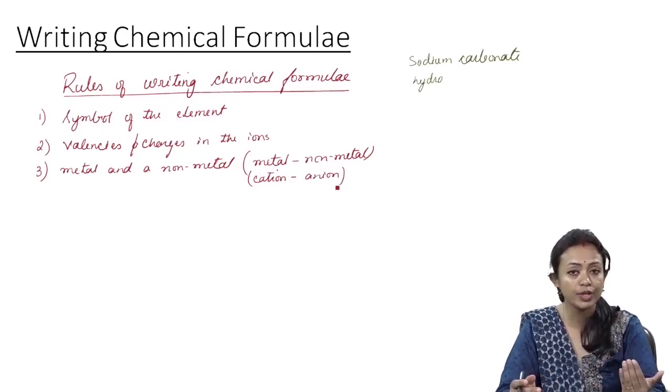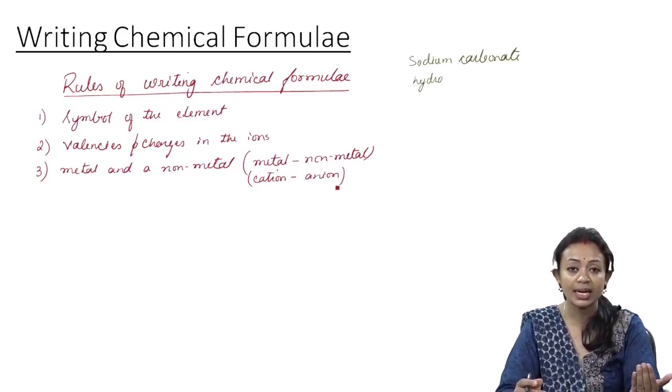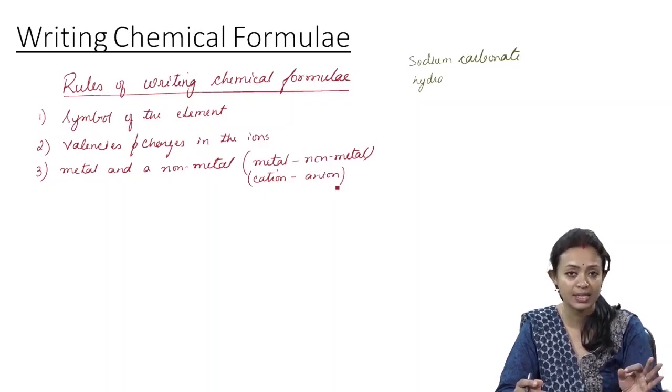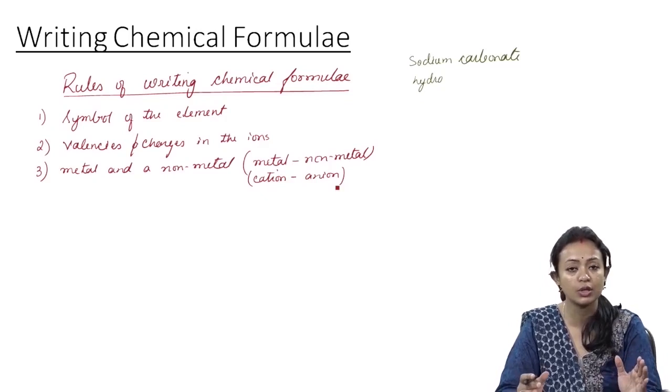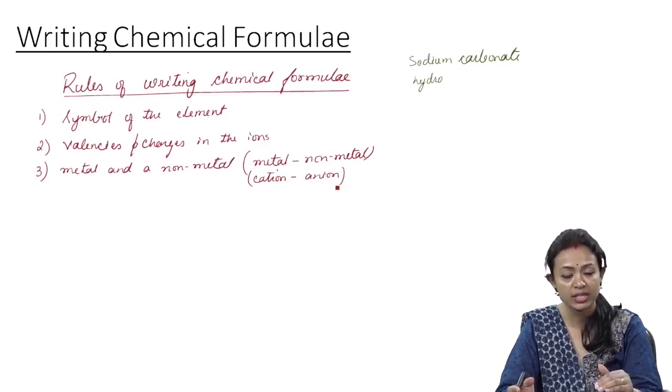And as I already told you when we were discussing the anion, whenever we name the anion, we do not take the name of the atom, we change it into IDE. That means chlorine will change into chloride, oxygen into oxide, nitrogen into nitride, so on and so forth.